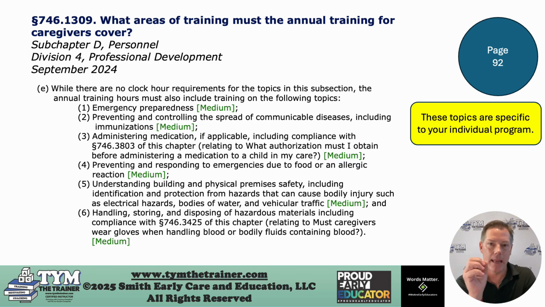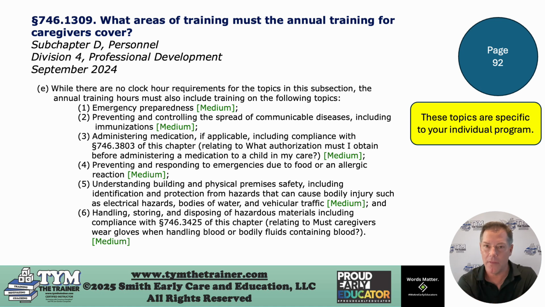Moving on, and this is another expectation that a lot of people get confused on. It says, while there are no hour requirements for the topics in this subsection, your annual training must include emergency preparedness, preventing and controlling the spread of diseases, including immunizations, administering medication, preventing and responding to food allergies, building premises, handling, storing, and disposing of hazardous waste.